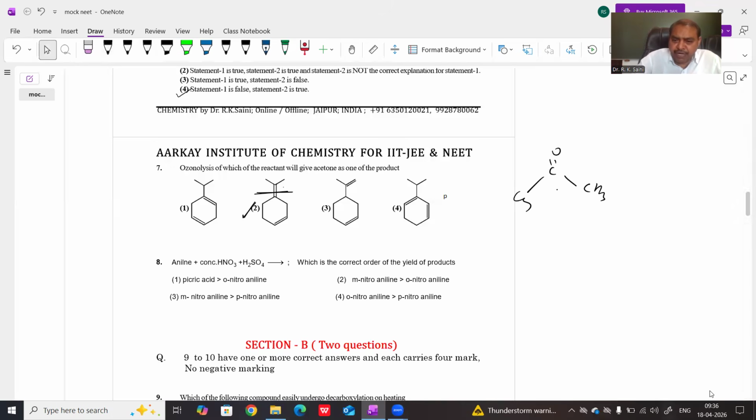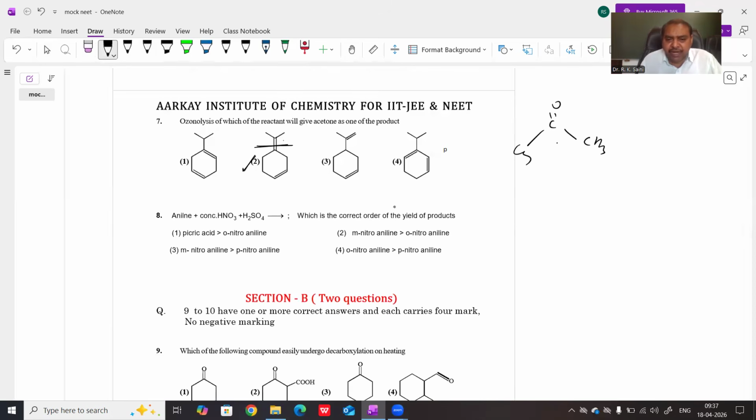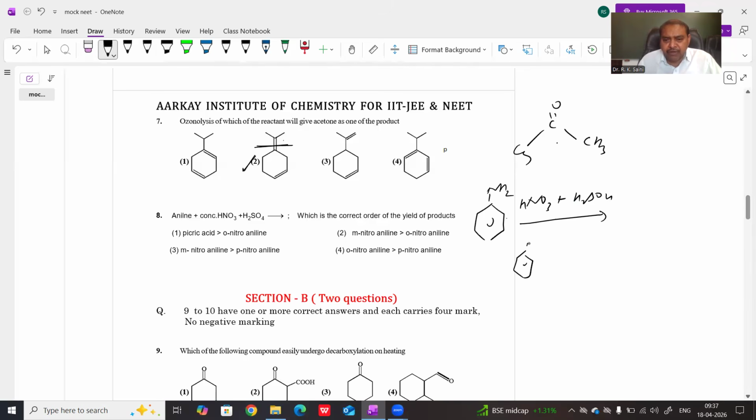Question number 8. It is also an important reaction. Aniline reacts with concentrated HNO3 and H2SO4. It is the nitration. We know that aniline is basic and the nitrating mixture is acidic, and hence the maximum part of the aniline is changed into anilinium ion, and we know that anilinium ion is meta directing.